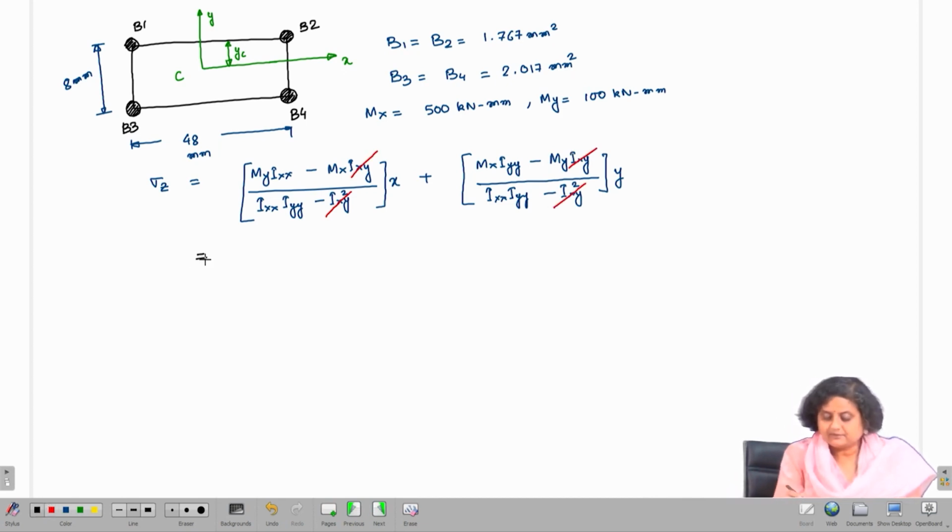Therefore, if we simplify this, we are going to have My into x by Iyy plus Mx into y by Ixx. So, this is going to be the sigma z due to symmetry.